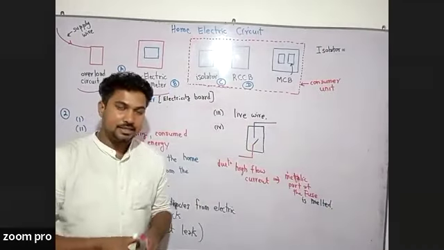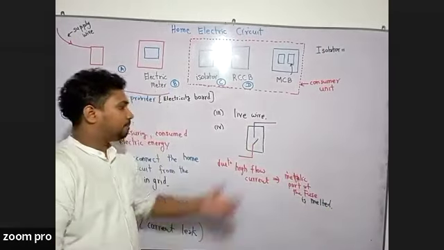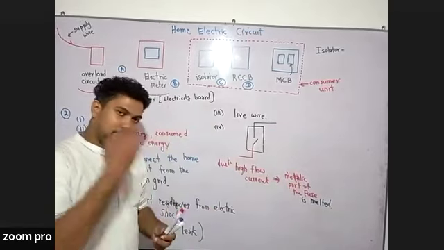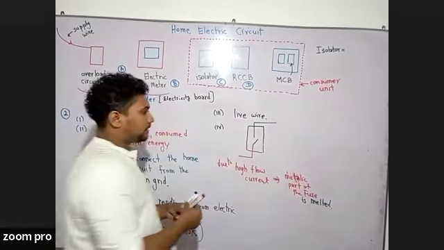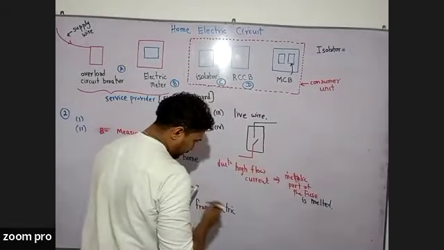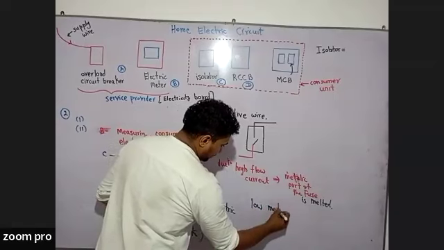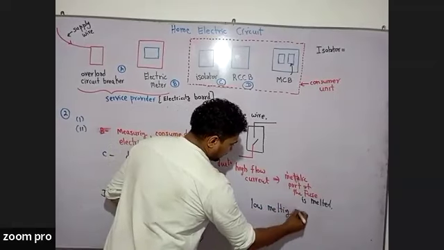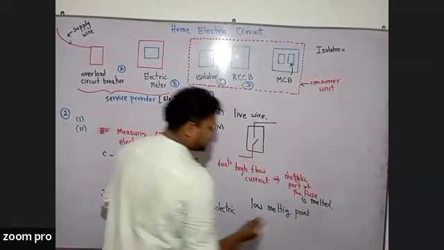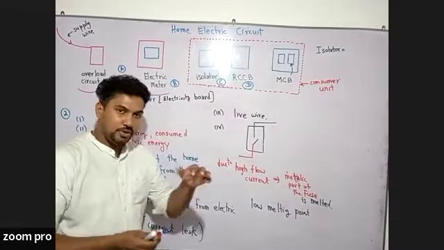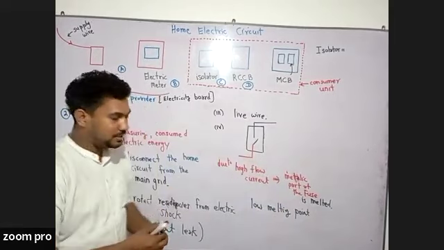This circuit is disconnected. So when we come to the properties of this metal, the melting point of this metal part should be low, right? Because when the temperature just increases, it reaches the melting point and melts, right?